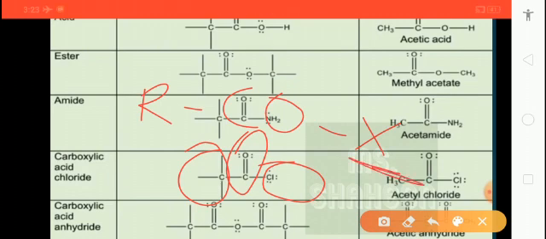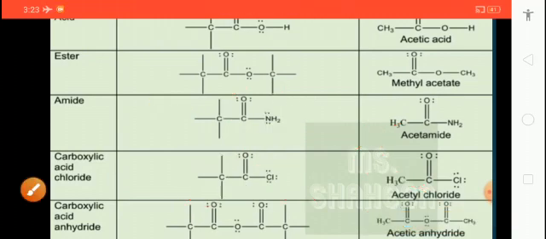X represents the halide: chloride, bromide, iodide, anything could be written here. That is known as carboxylic acid chloride. And if we have bromide, it will be known as carboxylic acid bromide, iodide, etc. The example here is acetyl chloride.